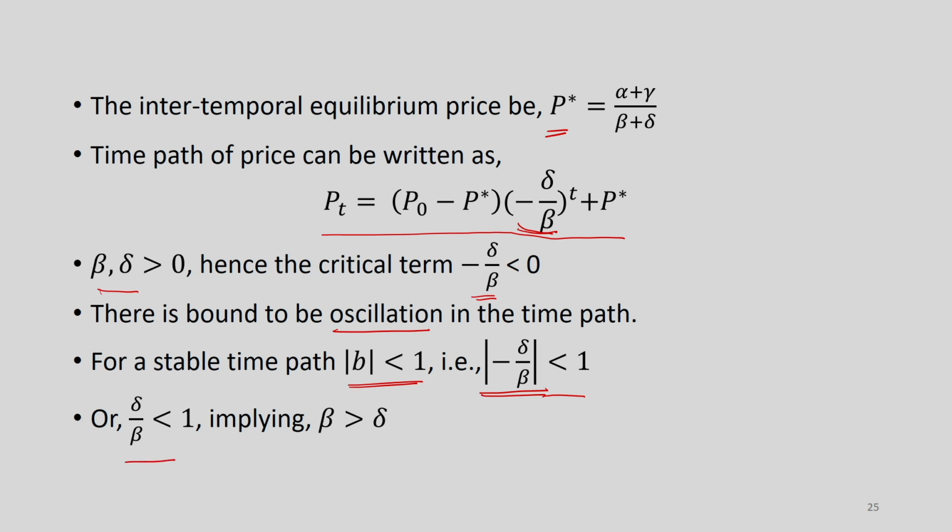So, this is the condition of stability, which is implying that beta should be greater than delta. So, two conclusions we are getting from here. One, there is bound to be oscillation in the time path of the price, and number 2, if we have to have stability, then beta has to be greater than delta.